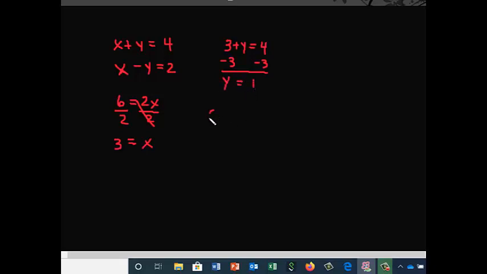And then we have 3 and 1. Again, see? So again, the system, because it has at least one solution, is consistent, and it's also what? It's also independent. The equations are independent.